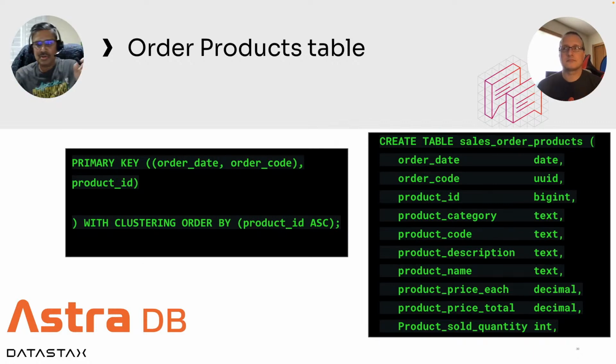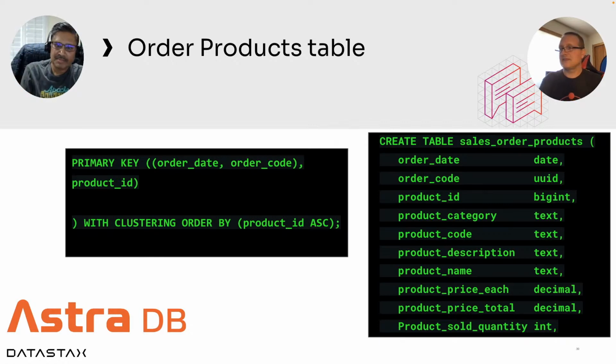For all the orders generated on a specific day, for that order code there will be only one row, but there will be multiple products sold based on that order. Let's say Aaron is buying something today. He has one order, and that order will contain, let's say, 10 products. So the partition will contain all the products in one place. The product ID column is a clustering column, which provides uniqueness for each row within the partition.